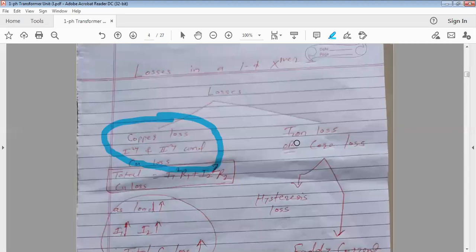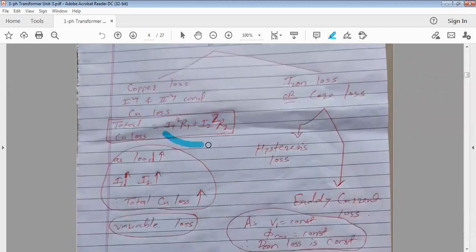So one of the losses which takes place in the transformer is copper loss, which takes place in the primary and secondary winding. Which symbol do we use to denote the current flowing through the primary and secondary winding? I1, I2, isn't it? Current flowing through the primary winding is I1, current flowing through the secondary winding is I2.